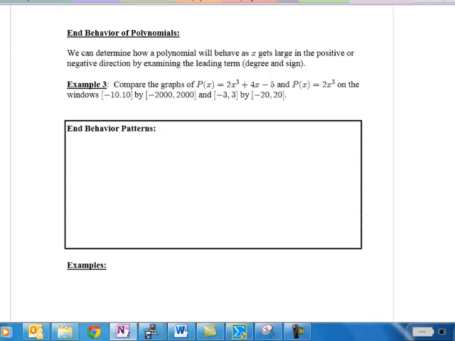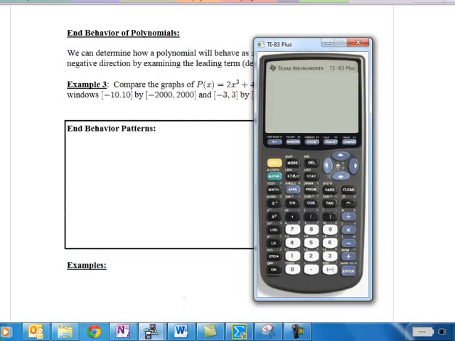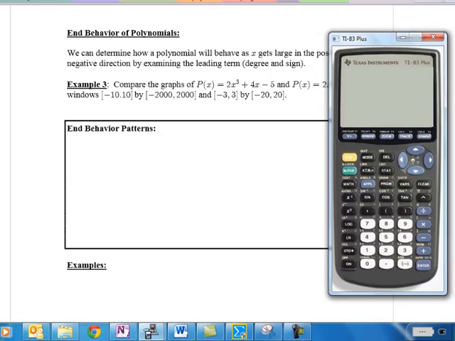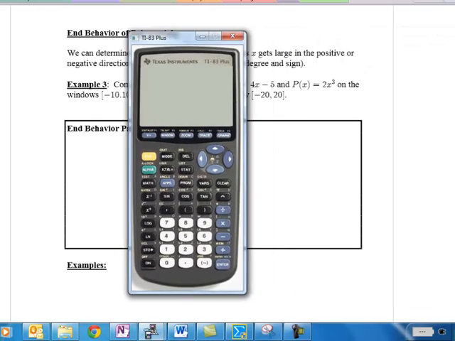And this isn't a proof by any means, but if we compare these two graphs, 2x cubed plus 4x minus 5, and 2x cubed, those two graphs on a very large window, and also on a smaller window, we can see that though they aren't the same graph, they have the same behavior in the long run.